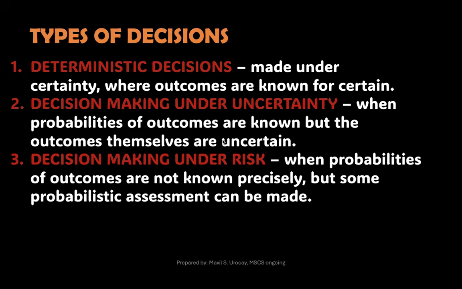So the next will be decision making under uncertainty, when the probabilities of outcomes are not known, and the outcomes themselves are uncertain. That is to say, you as a decision maker already know the possible outcomes of each alternative, but lack precise information about the probabilities of those outcomes. You are aware of the different states of nature or events that may occur, but it's difficult to estimate the probabilities.